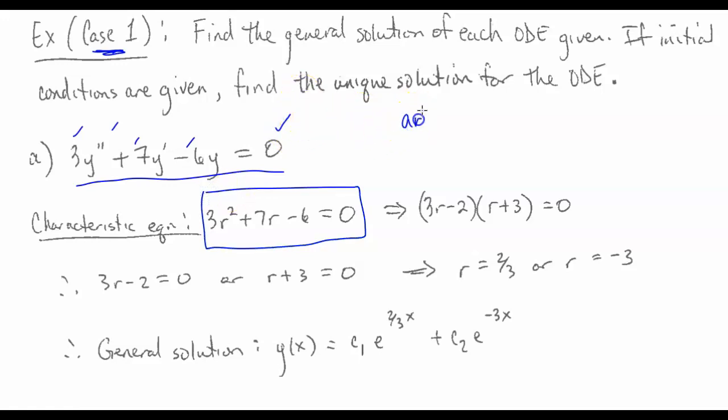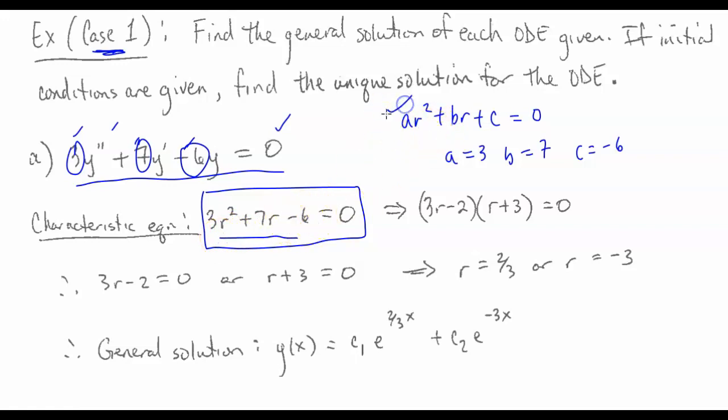And of course, this comes from here, where our A is just 3, our B is 7, and our C is -6. So really all you have to do is know what this number, that number, and that number is going to be, plug it into your characteristic equation here, and then just solve that quadratic equation.